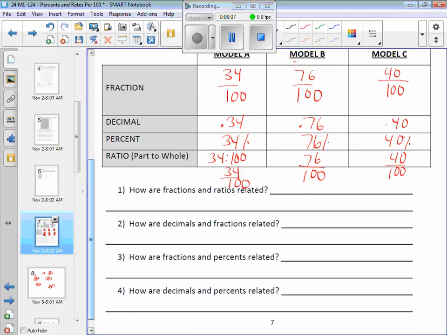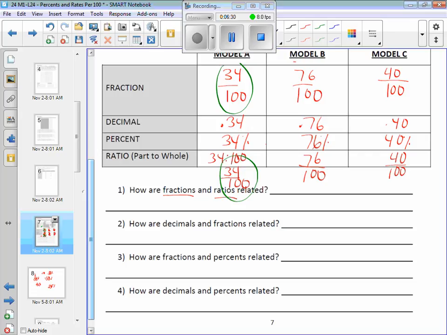Okay, let's look at fractions. Let's look at ratios. I'll color code it. Fractions and ratios. What can we say? And the same. What else? Yeah, they're exactly the same.